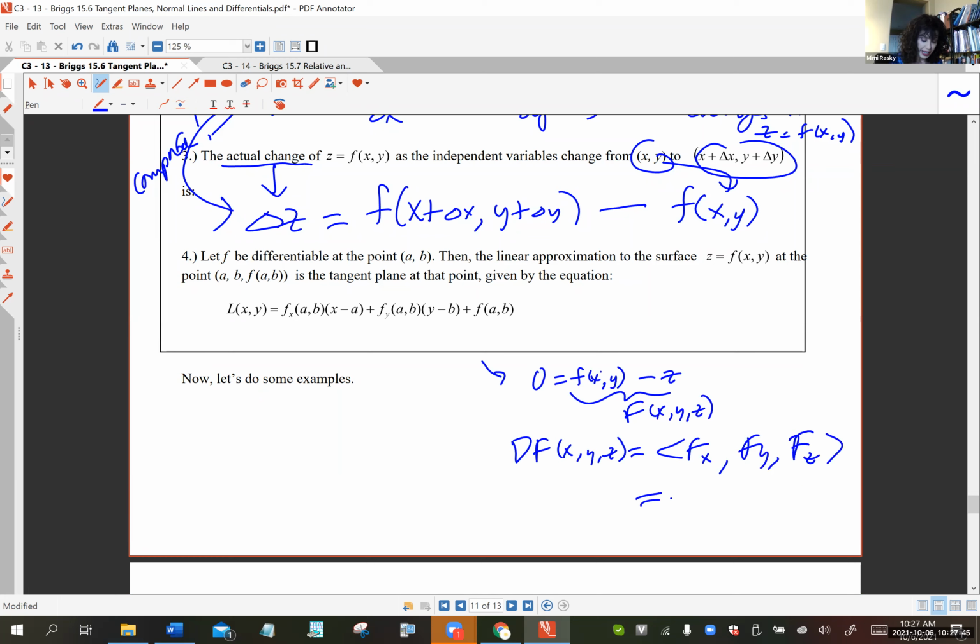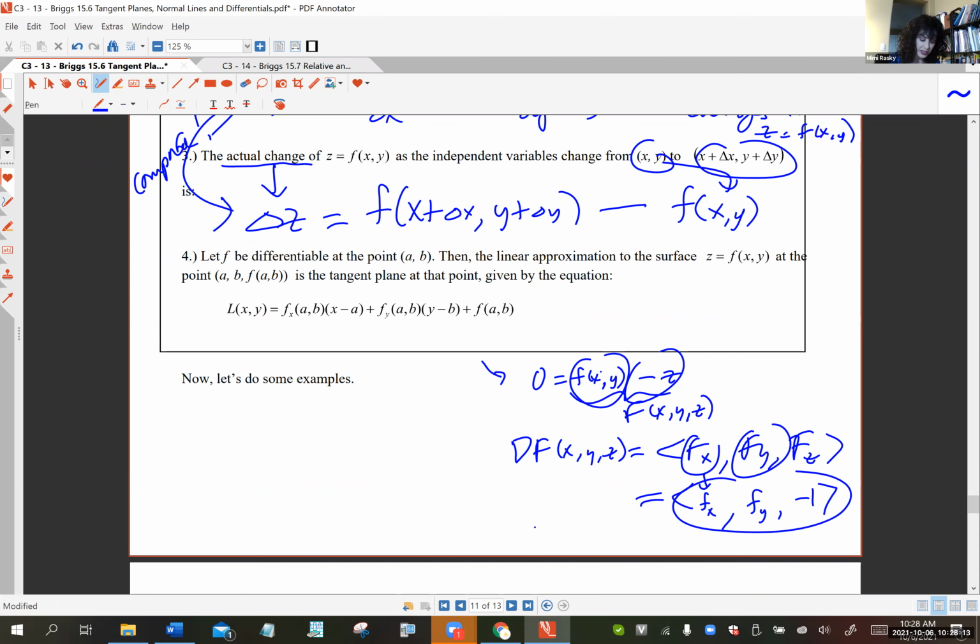But since the only x's and y's that you see are in the little f, big Fx will match little fx, big Fy will match little fy. And Fz, since the only z on the right-hand side is negative z, when you take the derivative of negative z with respect to z, you get -1.